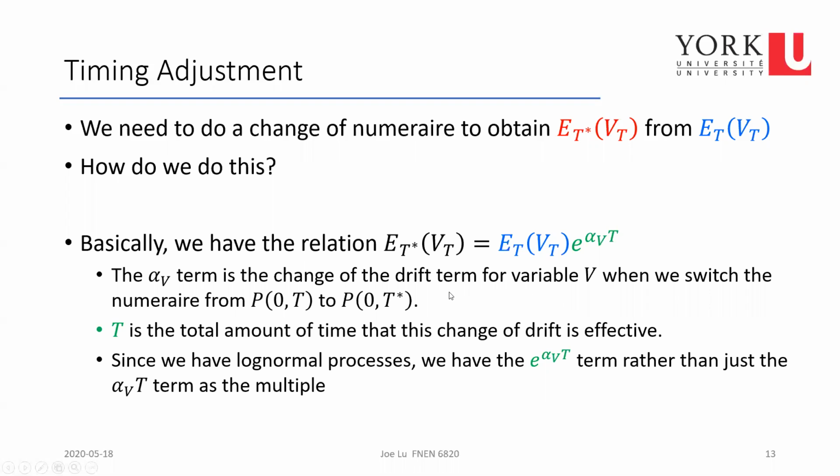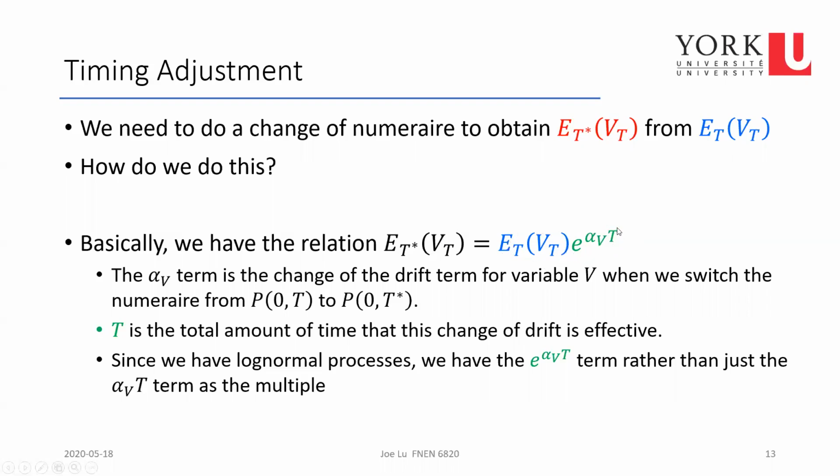If we look at the way we have done the adjustment on the drift to handle a change of numeraire, this value that we need is the value that we can observe in the market, multiplied by this factor.